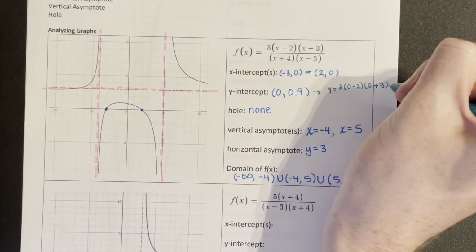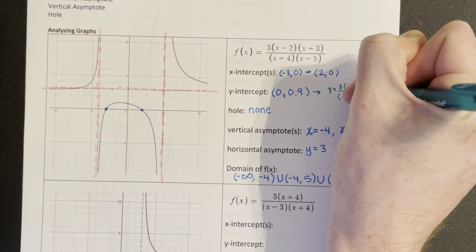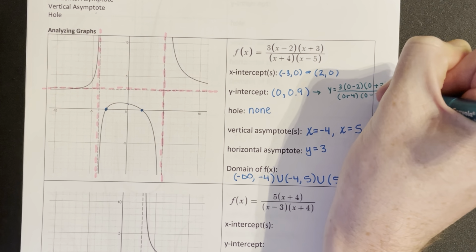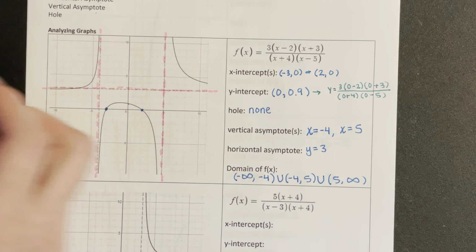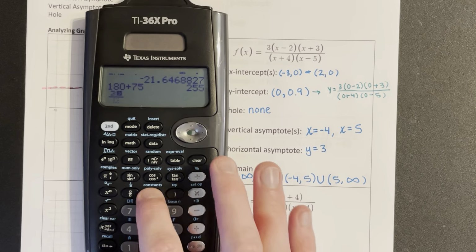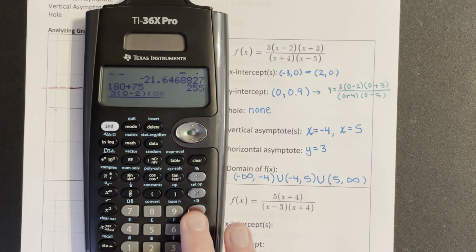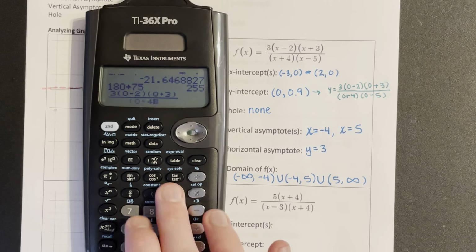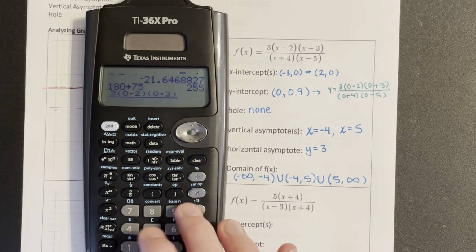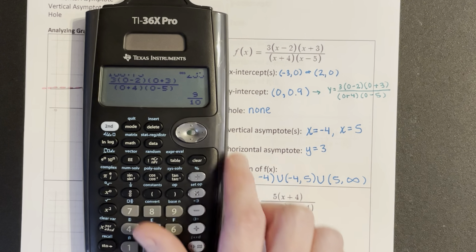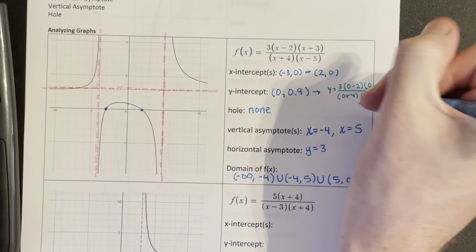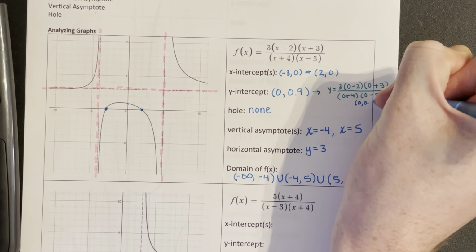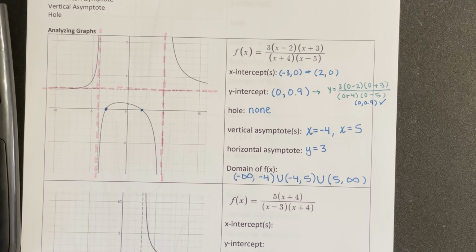So 3 times (0 minus 2)(0 plus 3) over (0 plus 4)(0 minus 5). So I got 9/10, which is exactly 0.9, so we were really correct. So we can check it algebraically if we need to.